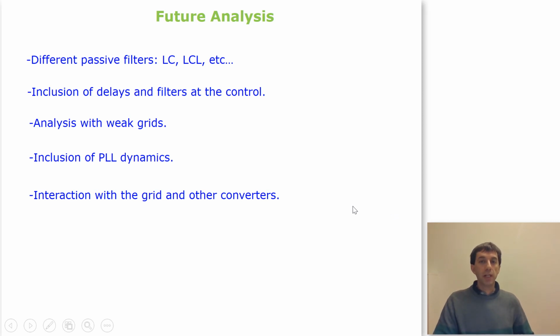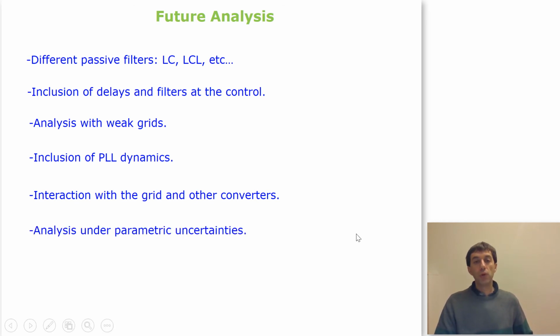And for future analysis, this is not analyzed in the book, we could also study how different converters with different current controls could interact between each other with this mathematical framework. It could be quite simple to do.